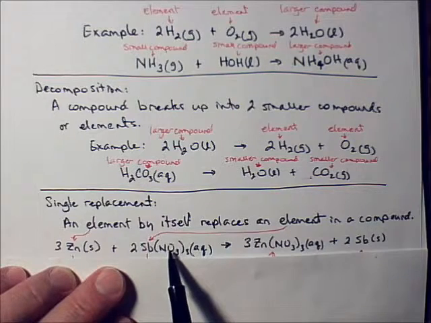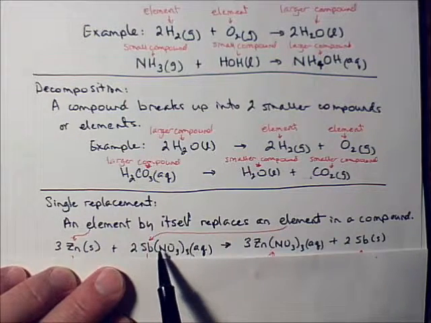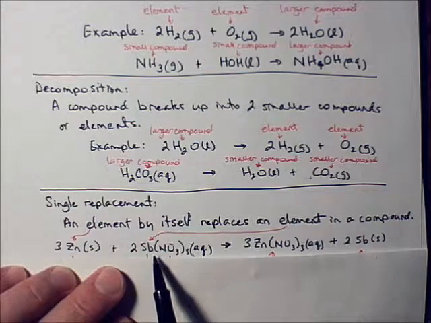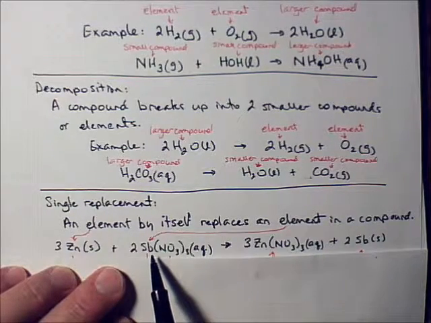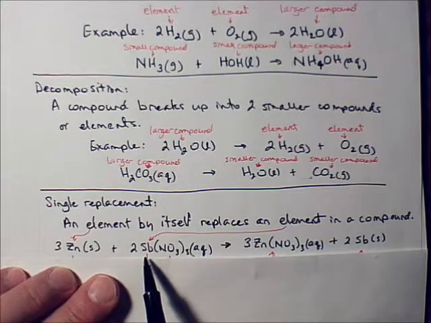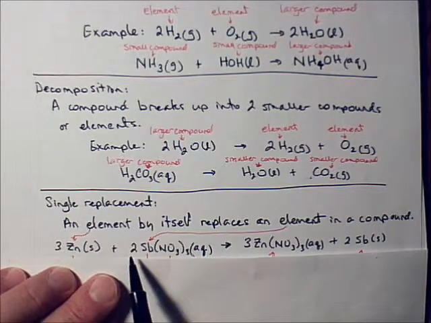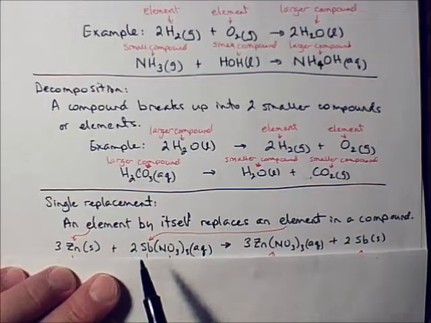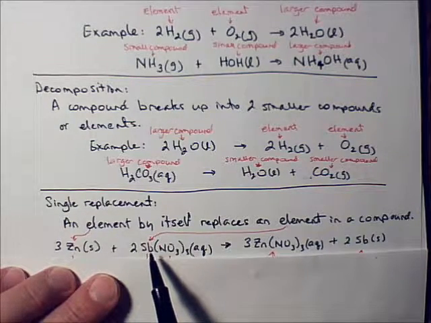In fact, it's going to replace this element in a compound that it is like, in the sense that it's a metal. This is a metal, that's a metal ion. So metals replace metal ions in single replacement reactions. Halogens replace halogens in single replacement reactions.